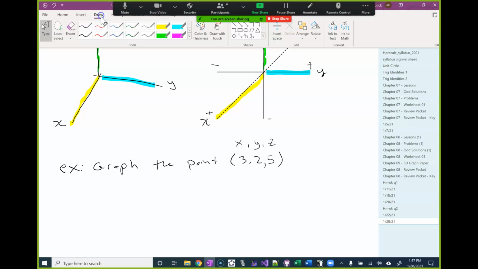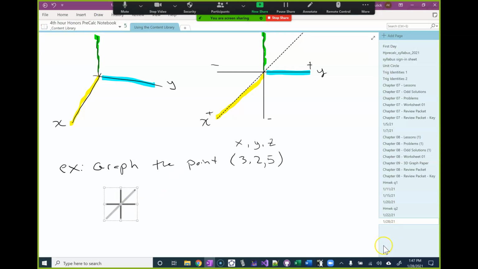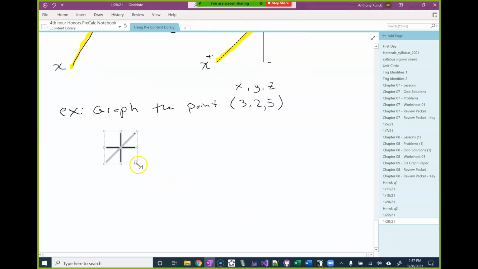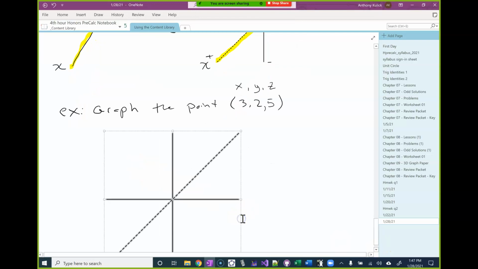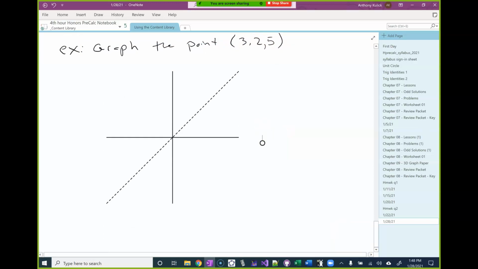So let's do that. I'm going to use my OneNote to put in my 3D axis. Here's my x, my y, and my z.